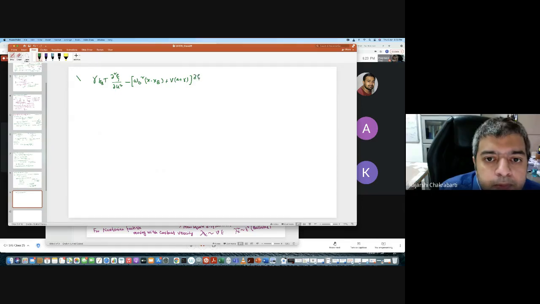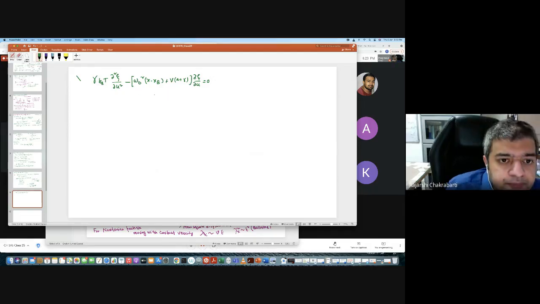Okay, this is the equation we had, no? And then what is this? I should write down then gamma kVt is this lambda u.